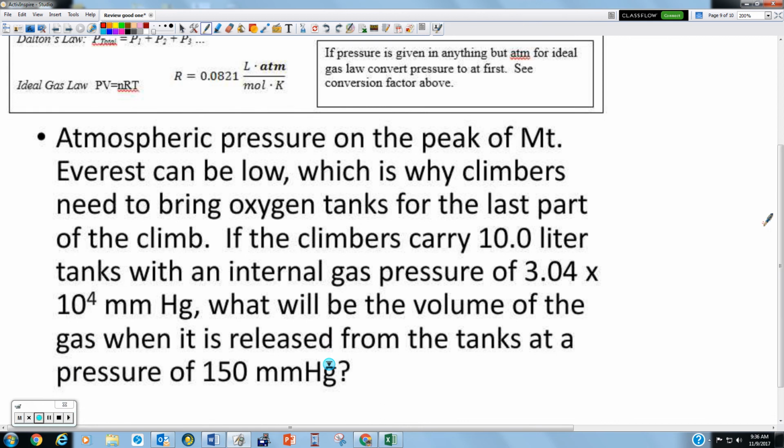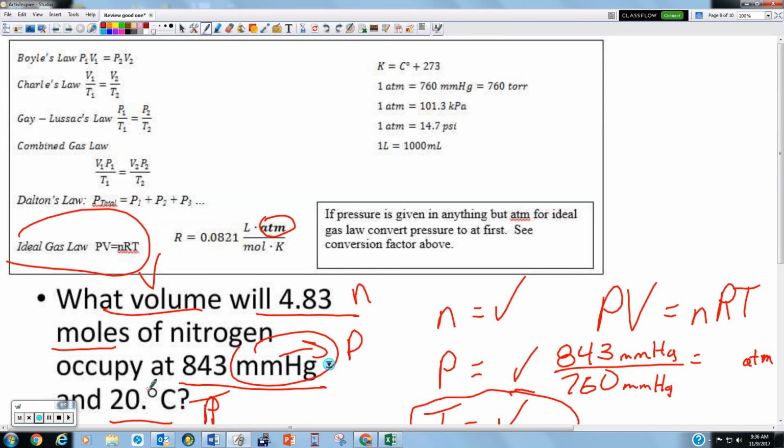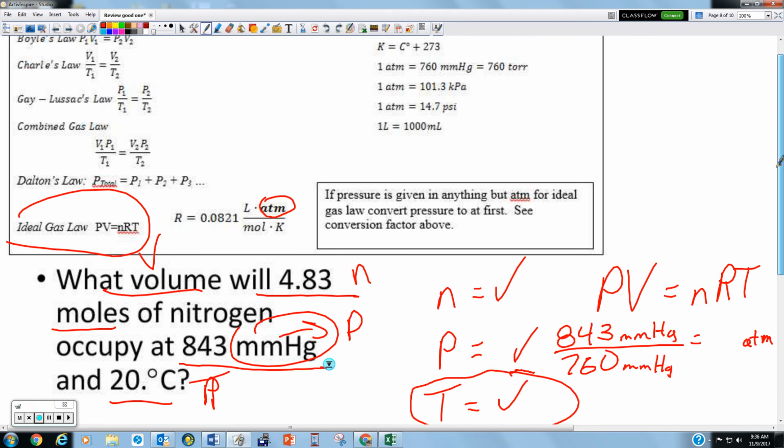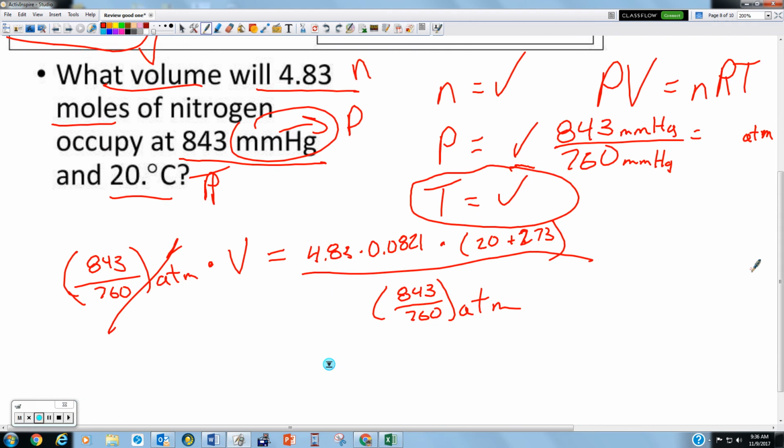All right, and I believe this is the last one. Yeah, because I'm doing it inside the equation. I'm showing you that you can do it all in one place.